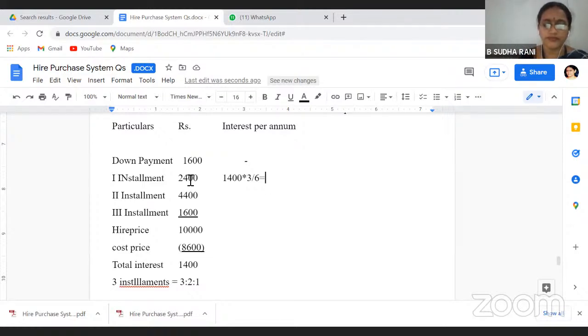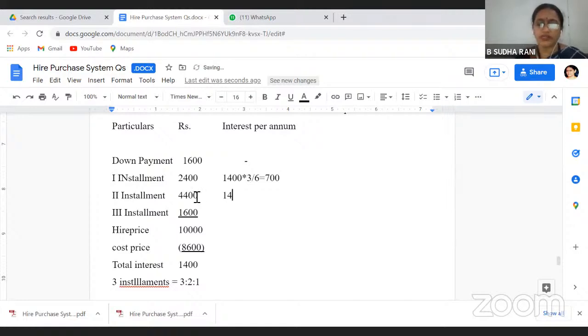Right? 700 is the first year installment interest.